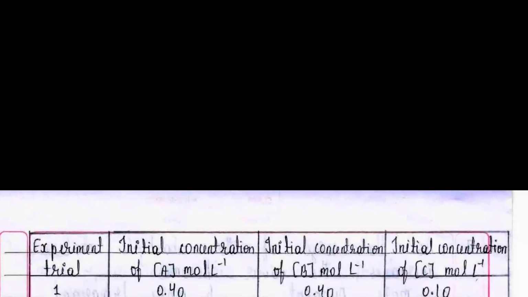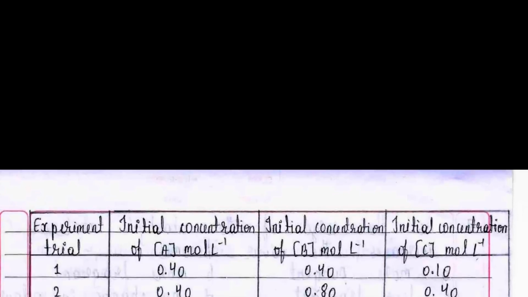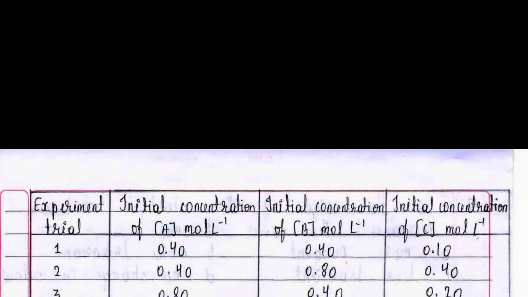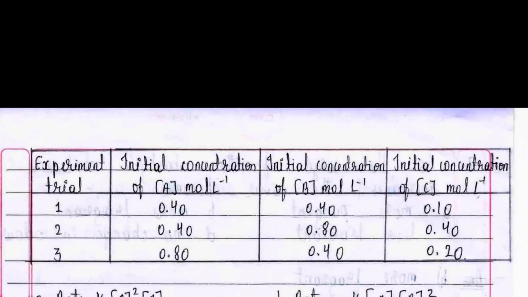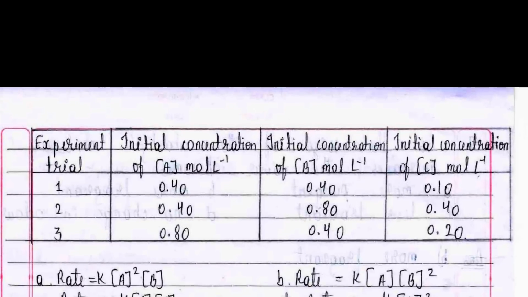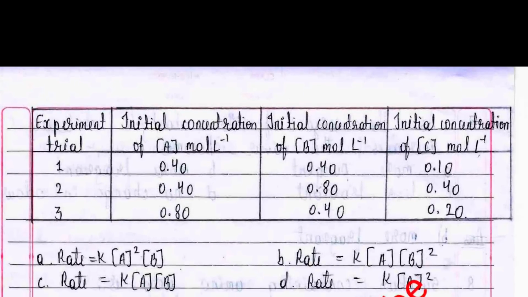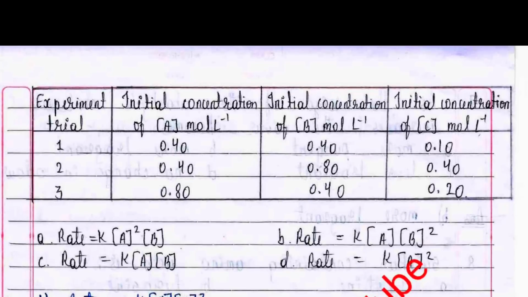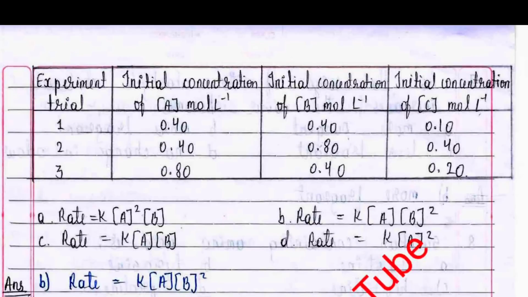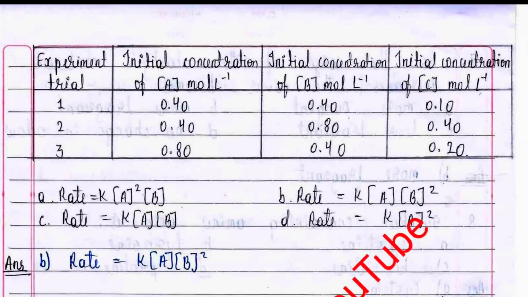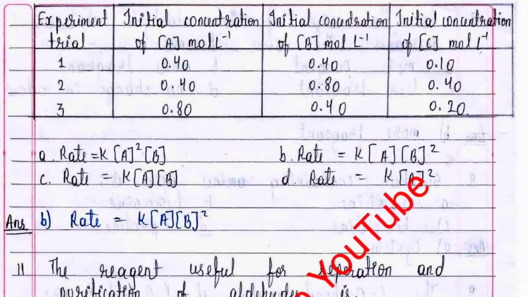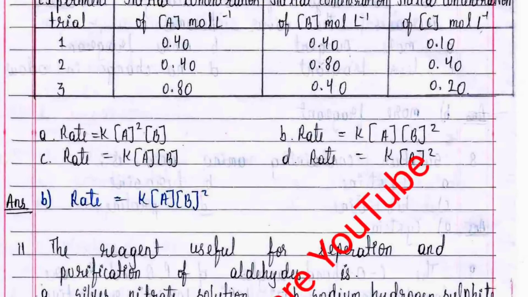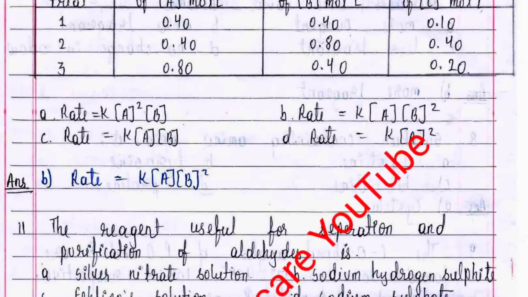Experiment trial, initial concentration of A mole per liter, initial concentration of B mole per liter, initial concentration of C mole per liter. First, 0.40, 0.40, 0.10. Second, 0.40, 0.80, 0.40. Third, 0.80, 0.40, 0.20.